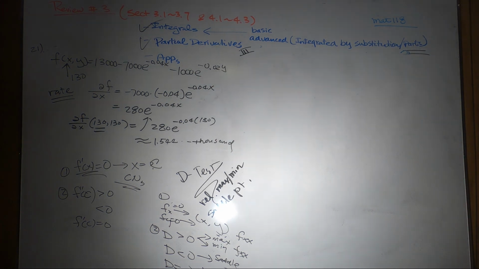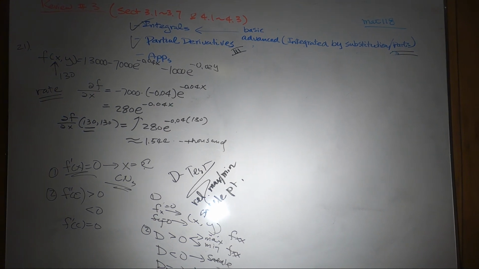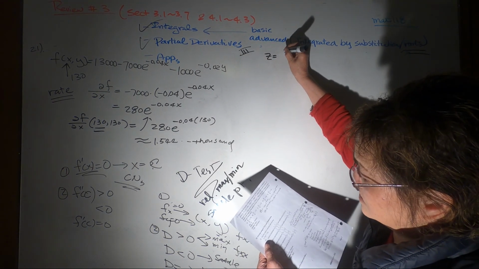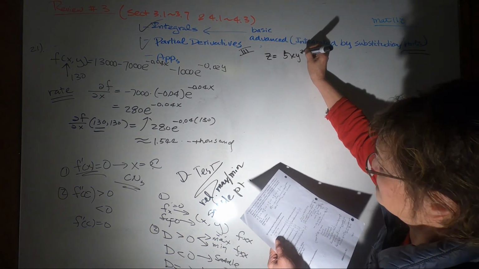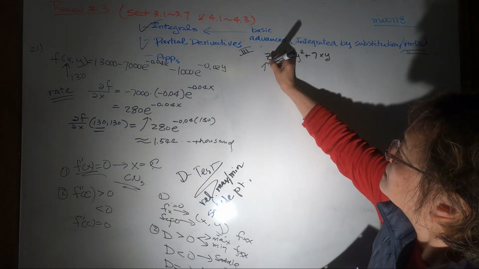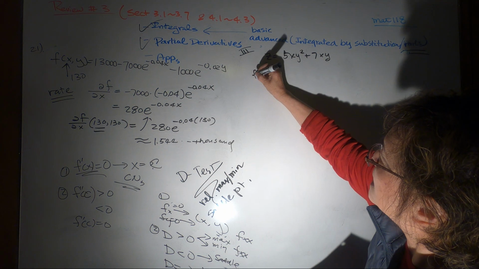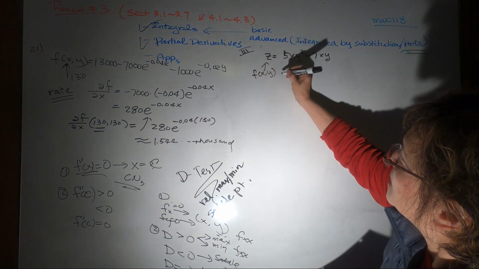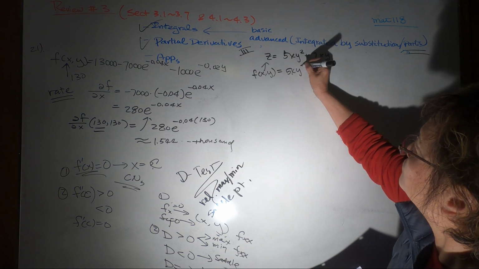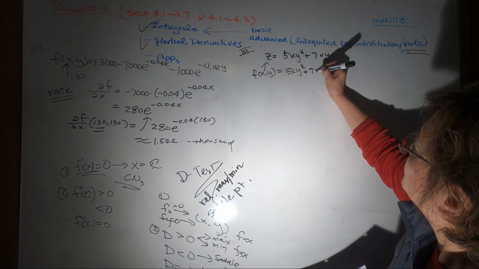Let's practice some. Let's see, z is this one, 5xy squared plus 7xy. That means 3 variables, 3 dimensions. So we are in the 3-dimensional situation for 2 variables given.